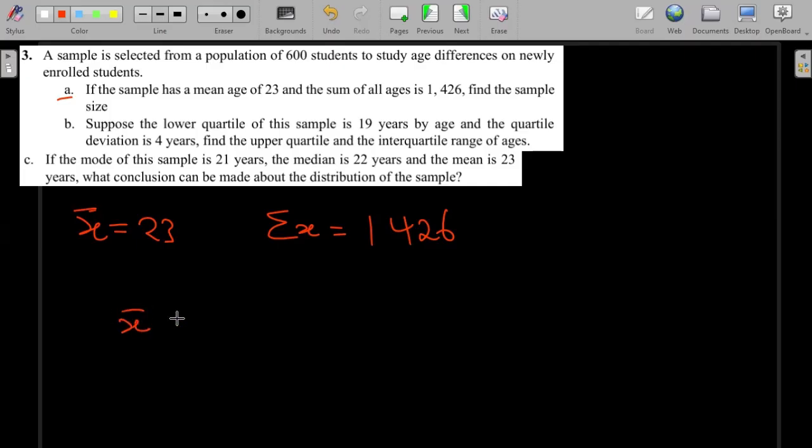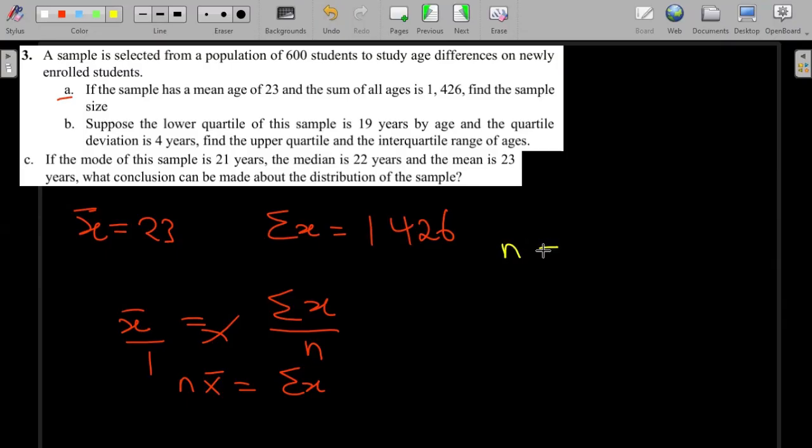We know that the mean is equal to the summation of all the x divided by the sample size. So we can make n the subject of the formula. When we cross multiply, we have n times the mean is equal to the summation of all the x. This simply means that the sample size is equal to the summation of all the x divided by the mean.